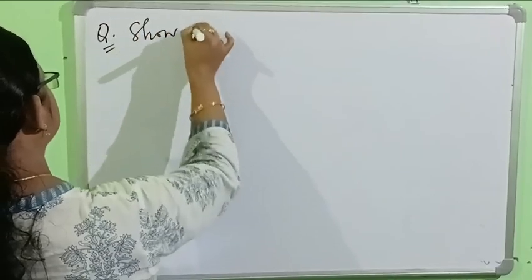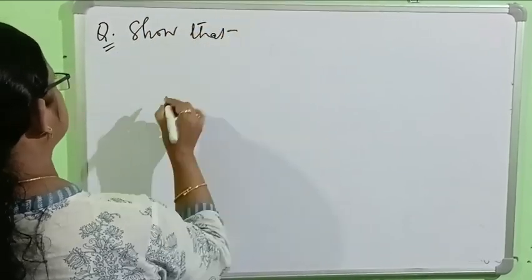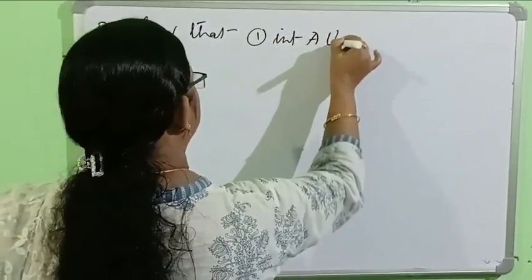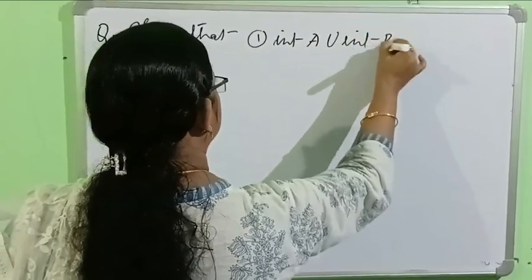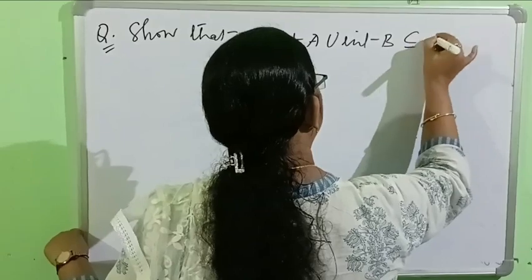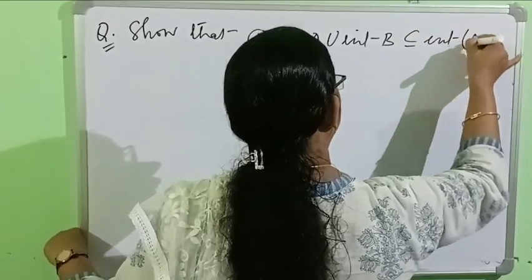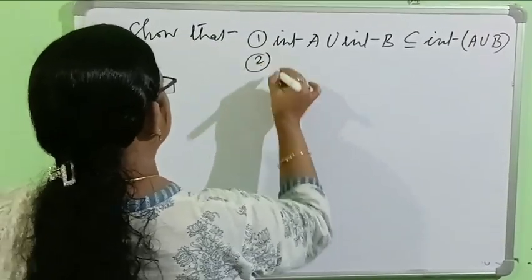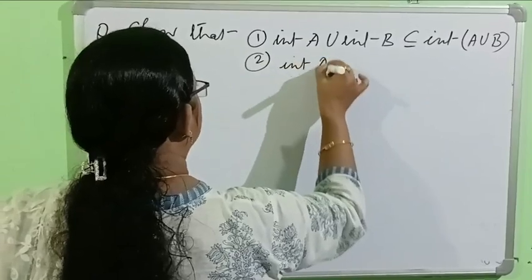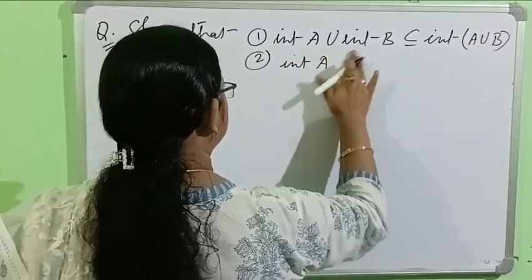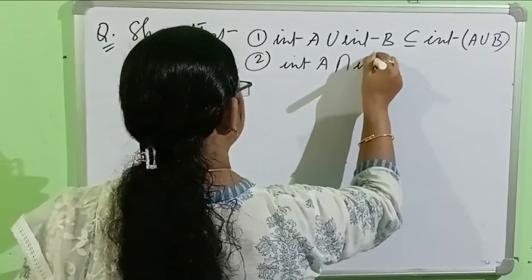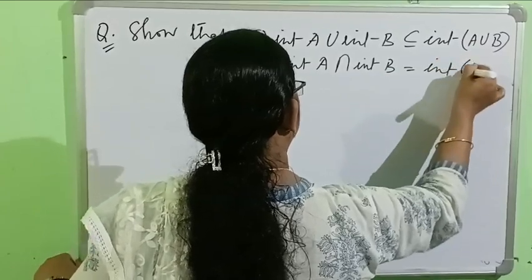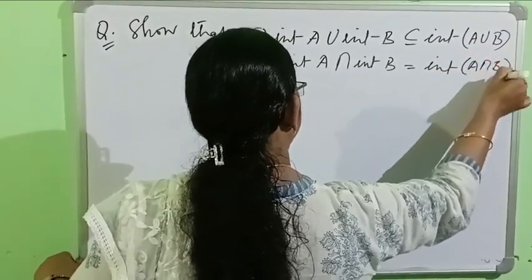So that interior of A union interior of B is a subset of interior of A union B. And interior of A intersection interior of B is equal to interior of A intersection B.